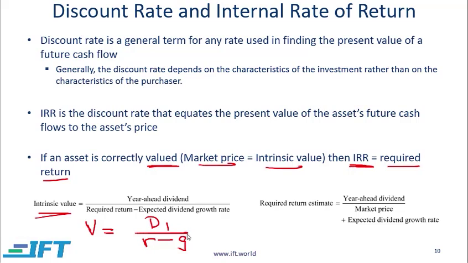This is the sustainable long-term growth rate. You can do a little bit of algebra and show that R is equal to D1 over the market price, which is P. And notice that in an efficient market, the V and the P are the same, plus the expected dividend growth rate. And this is the key point, which is that in an efficient market, the required return and IRR are the same.